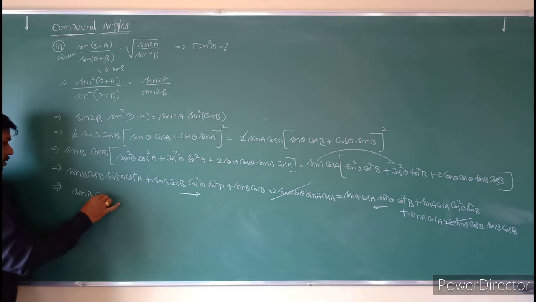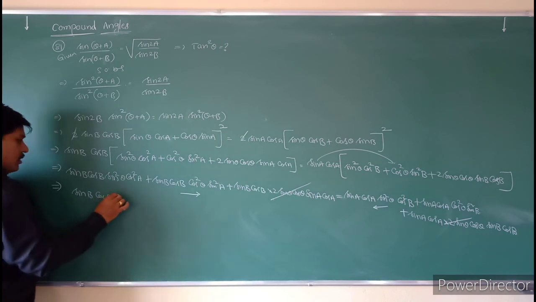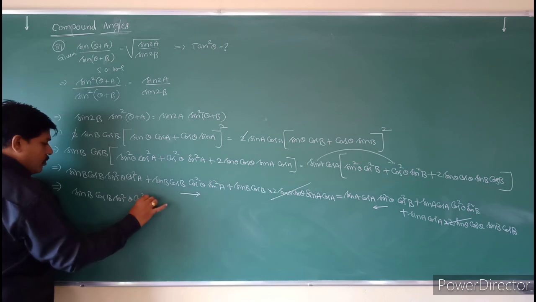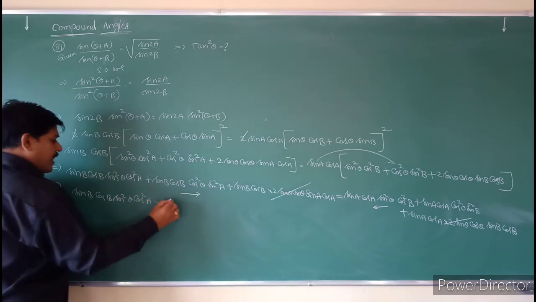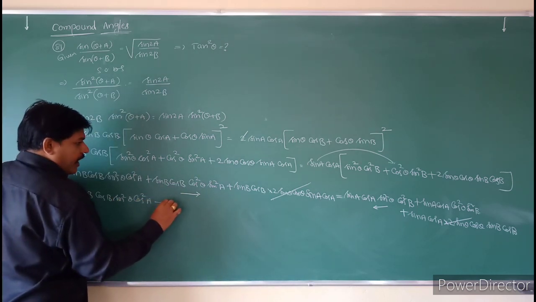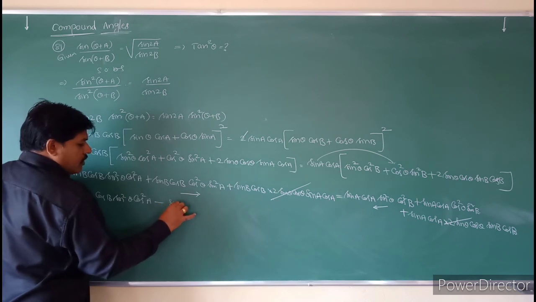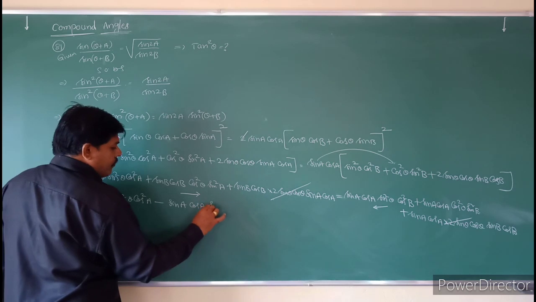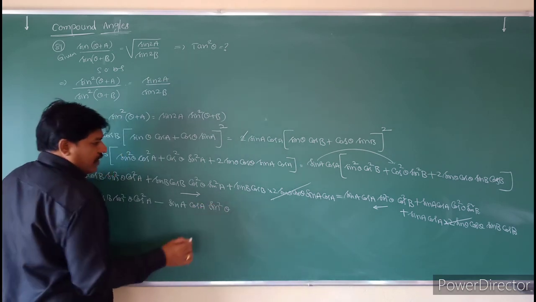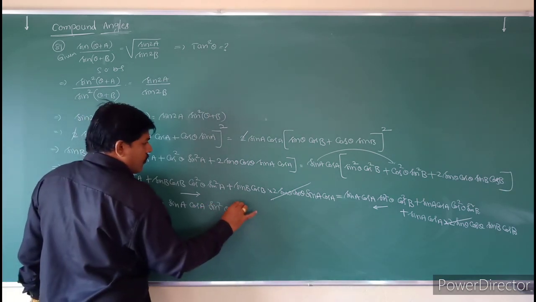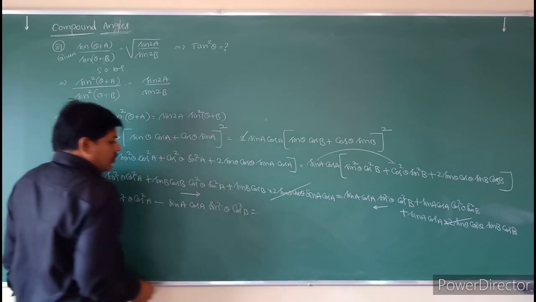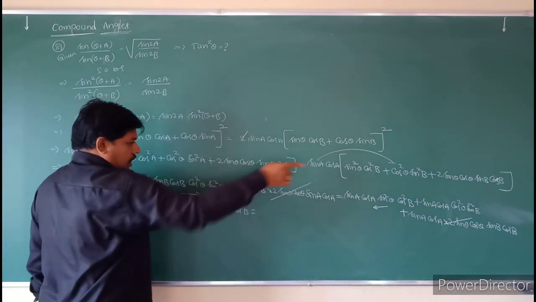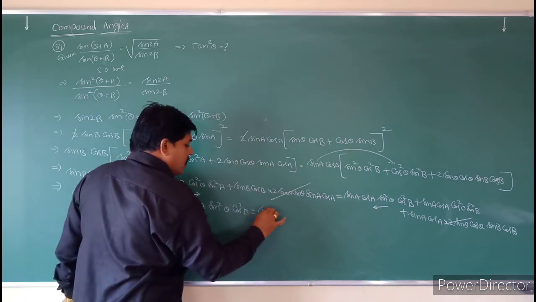sin B cos B sin square θ into cos square A, take the term to this side, minus sin A cos A sin square θ cos square B, that is equal to, take this term to that side. Already one term is there. What is that?